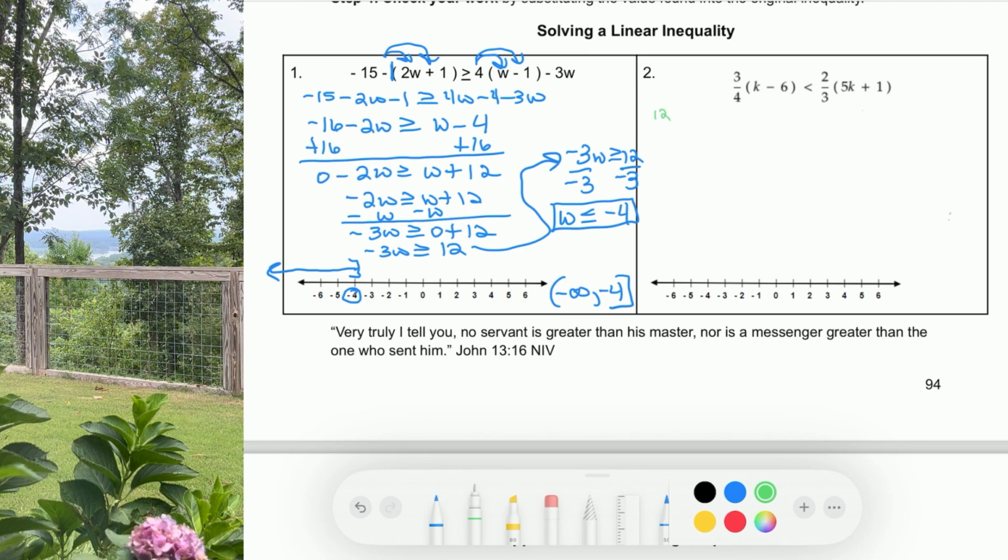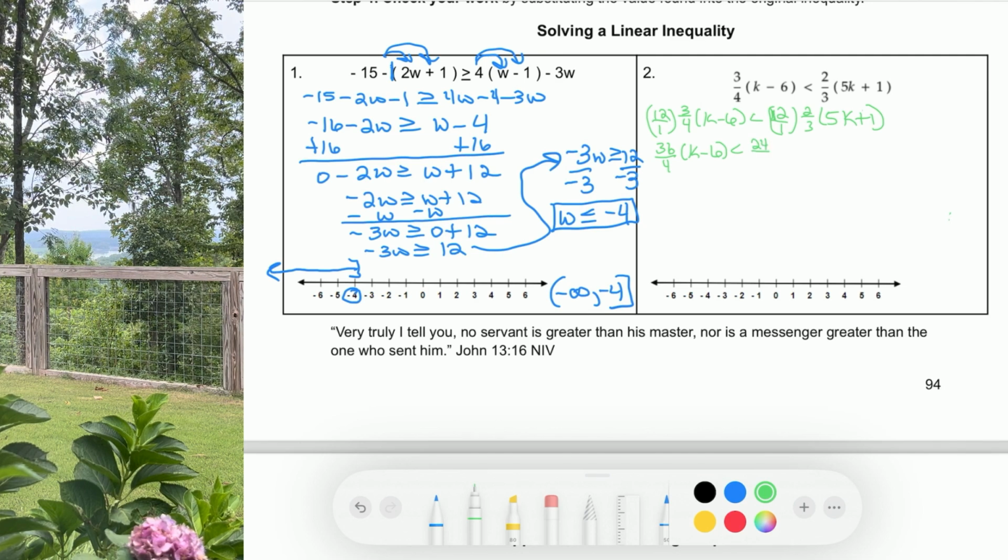So I'm going to say 12 over 1 times the 3/4 k minus 6, and then 12 over 1 times 2/3 5k plus 1. 12 times 3 is 36 over 4.